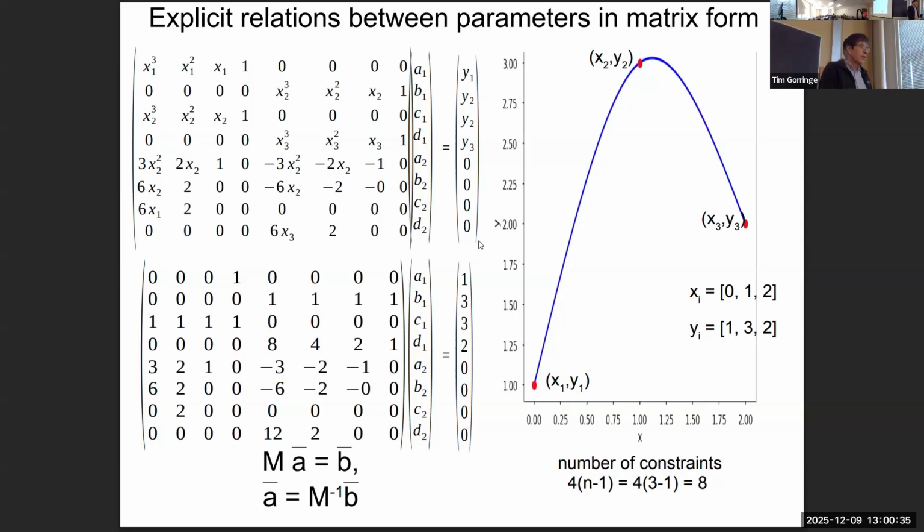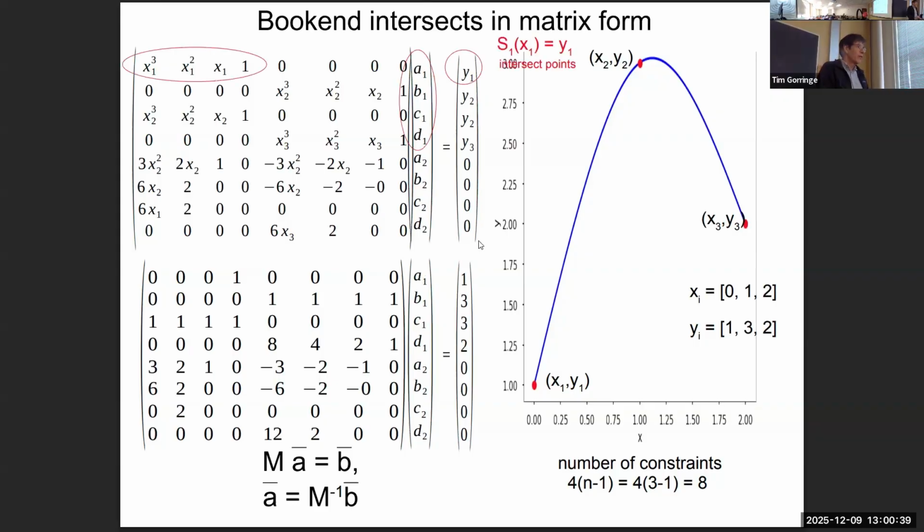I'm not going to go through all the next slides, but let me just show you that they are equivalent to the equations that we wrote down for the constraints on the cubic spline. So imagine multiplying the matrix by this column vector here to get the right-hand side. Let's just imagine we're going to multiply the top row of the matrix by that column vector.